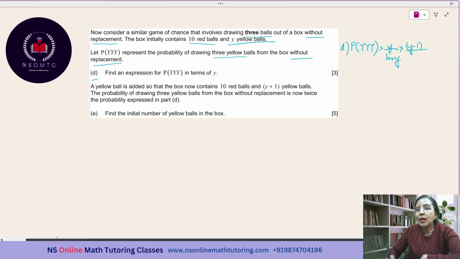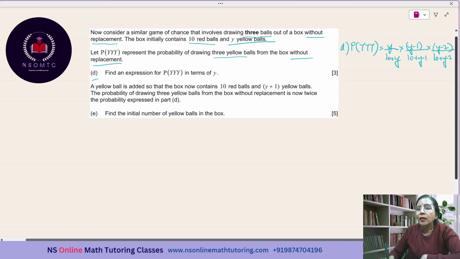Total number of balls is 10 plus y minus 1, times, for the third yellow ball, it is y minus 2 yellow balls remaining, so it is y minus 2 over 10 plus y minus 2.